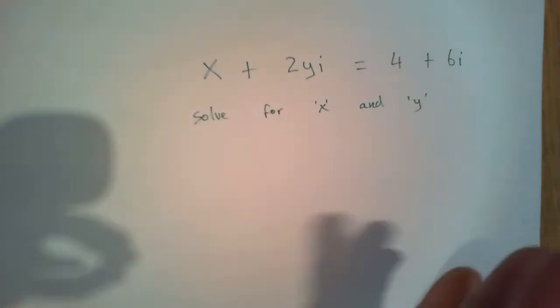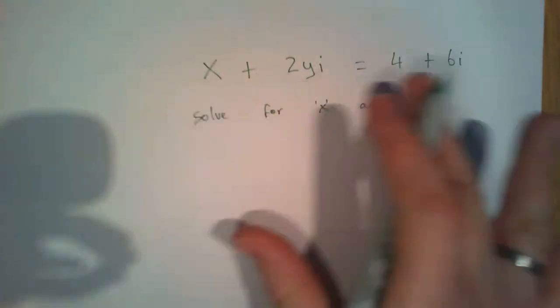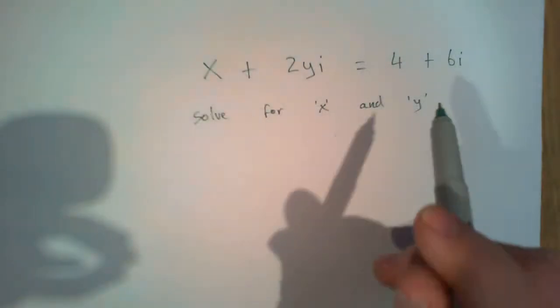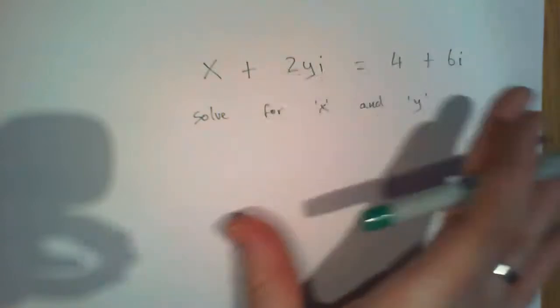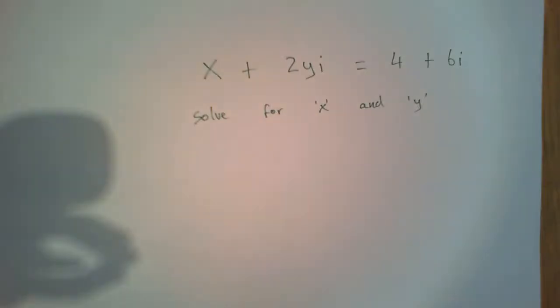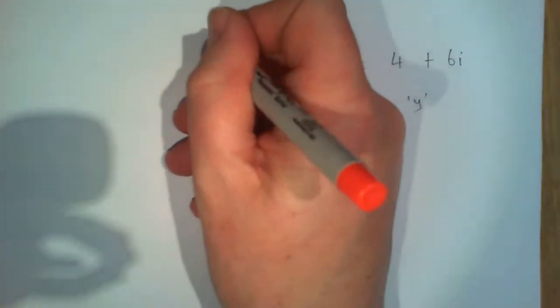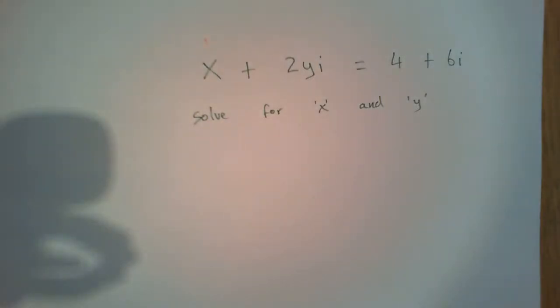Solve for x and y. Okay, so what you have to understand with this is that what you're really dealing with here is two separate equations. So the first thing I would do is identify the real part of this equation. Sorry, I'm going to use a different color that actually shows up here.